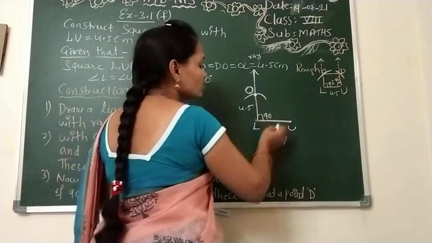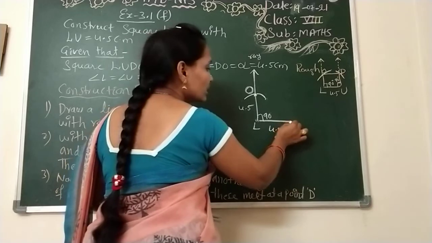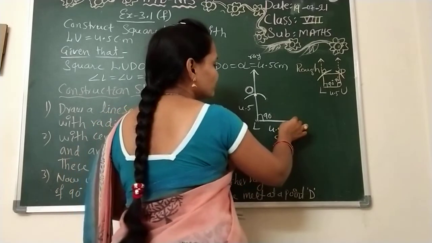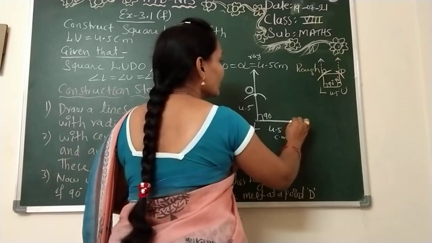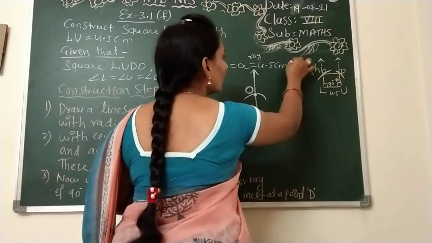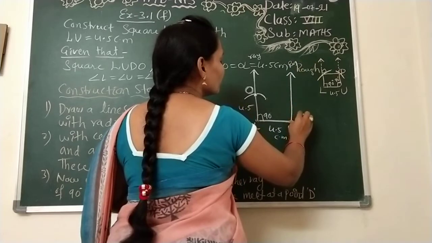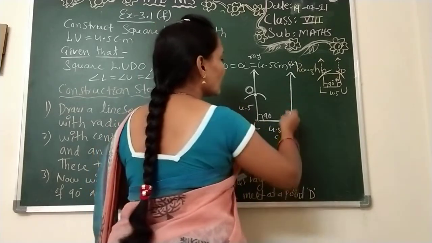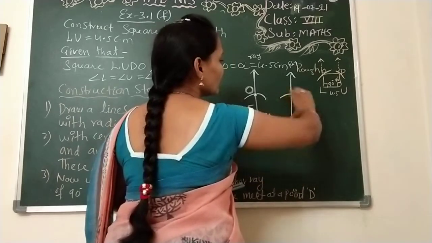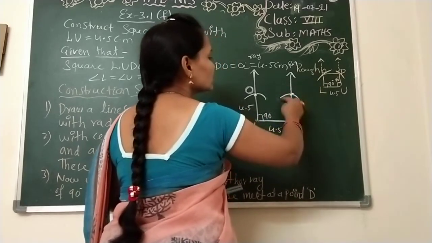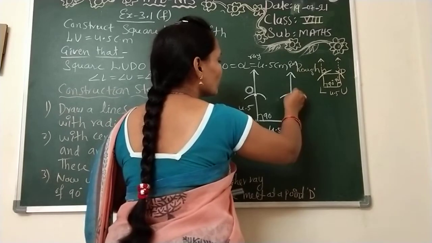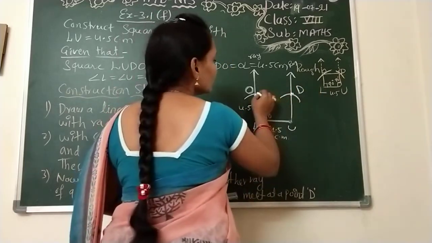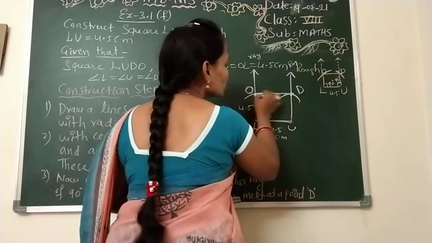Now the same, using center U. With center U, again you draw a ray and an arc. Using the compass in your notebook you can draw an arc, suppose from here like this. This arc and ray meet at a point D. After that, you can join OD.